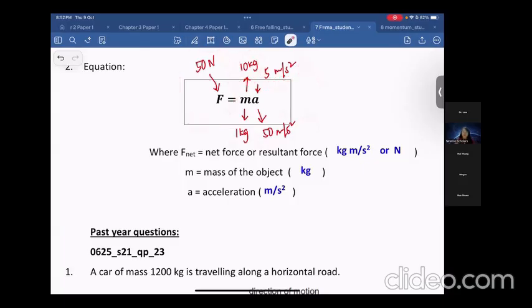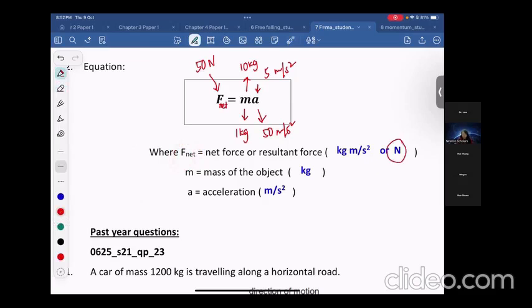This example is to tell you the relationship between m and a. They are side by side like this, so their relationship will be inversely proportional. Is it okay for this? Net force, the force that we use here, F equals to ma. But here I will emphasize this is called net force, or resultant force.